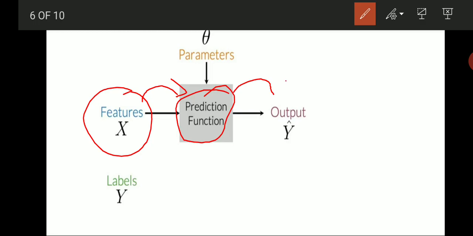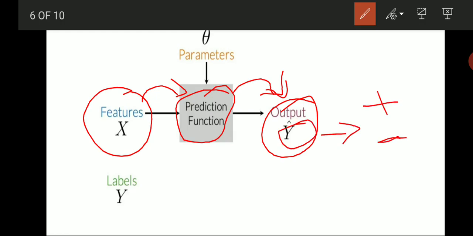Then it should output the Y predicted, which is positive or negative. Okay, which tells us whether it is a positive review or a negative review.